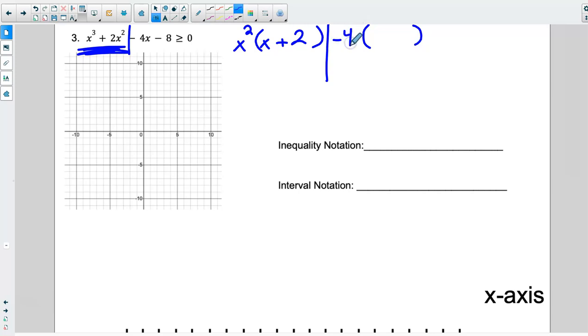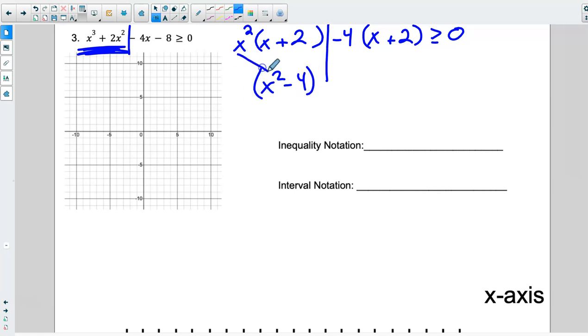So if I take -4 out, I times it by x, I get -4x. Take -4 out, I times it by +2, I get -8. And so this is greater than or equal to 0. This is the first time we've had an equal to when we've been doing problems like this. So now I put this together and I get x squared minus 4.